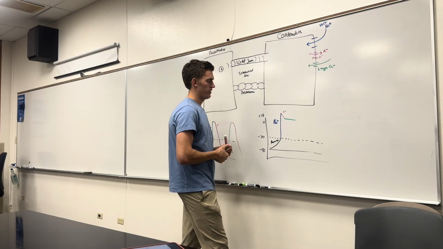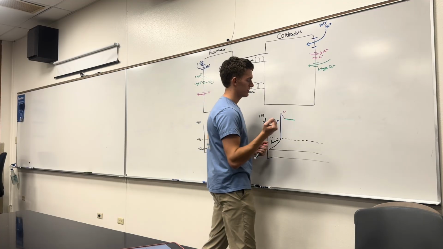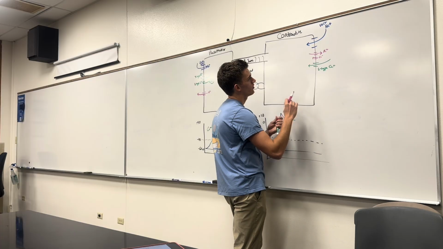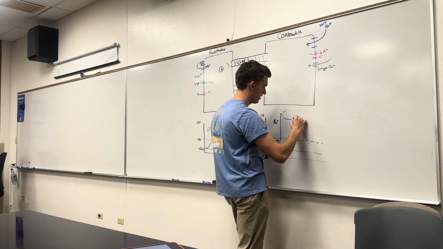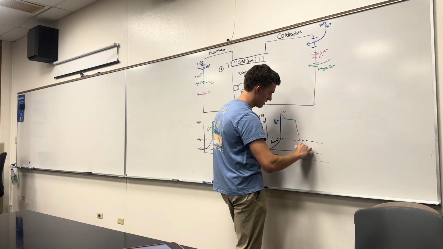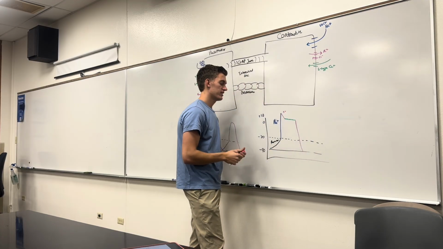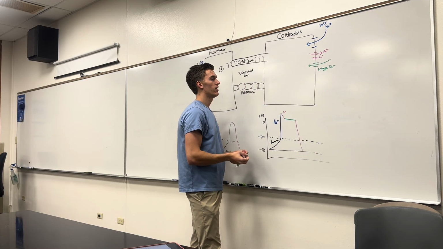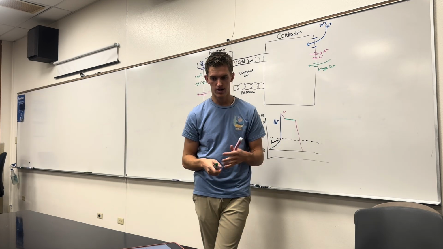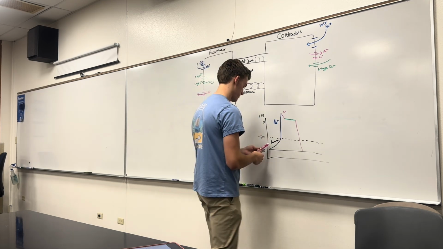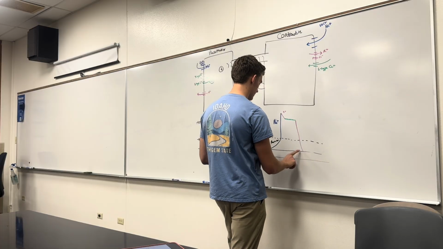And then eventually potassium's gonna overthrow the amount of calcium coming in, and then it'll go back down to where it's supposed to be. And the L-type calcium channels will turn off, and then we're back to our resting potential.